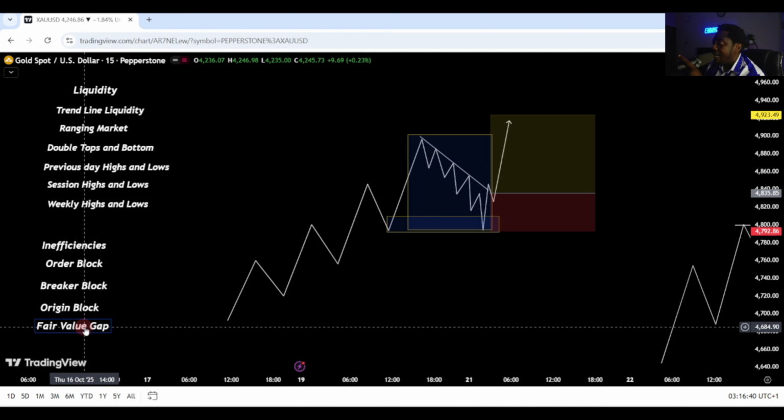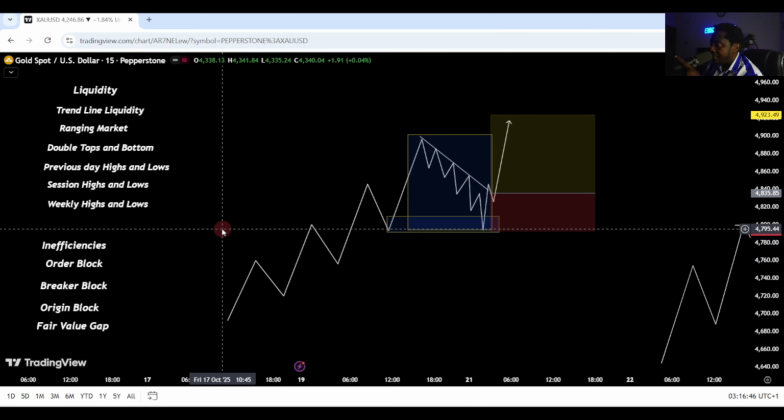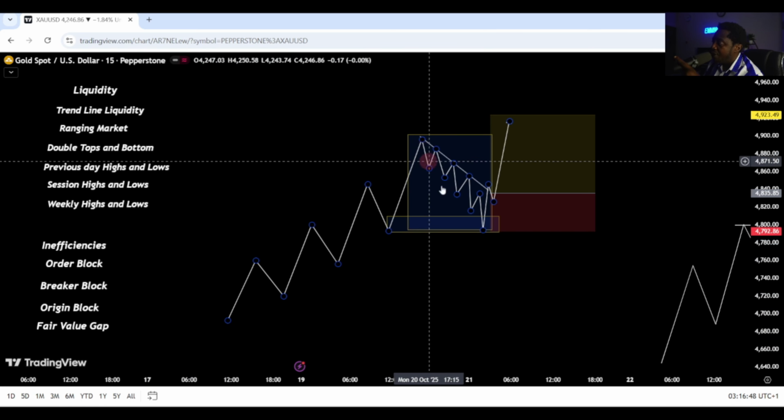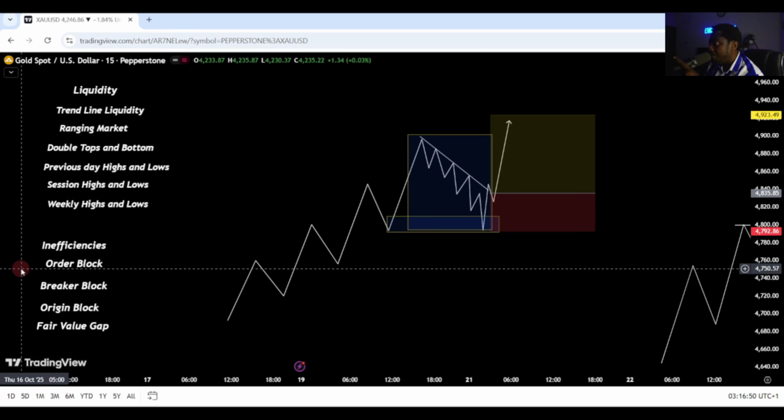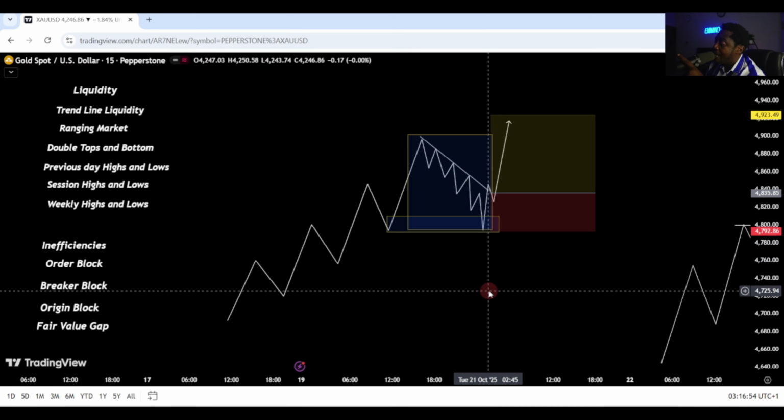So the day we are going to experience single liquidation is a day where the high or low is resting on any POI. But if the high or low is not resting on any valid POI, we might experience double liquidation. I don't know if you understand what I'm saying.